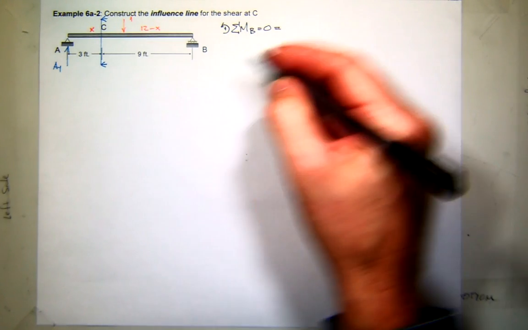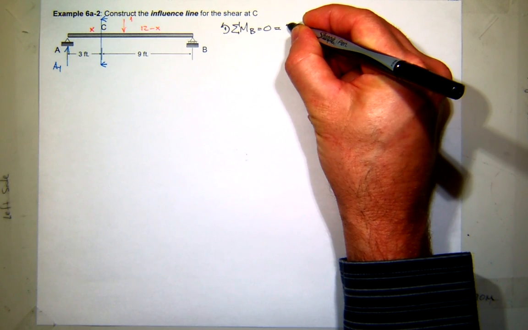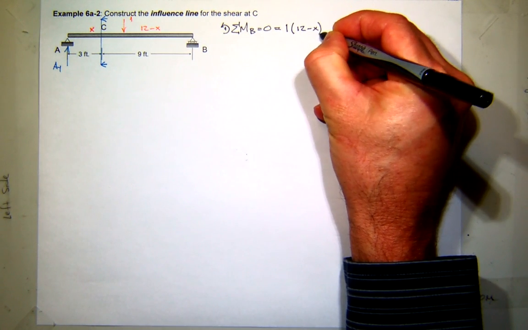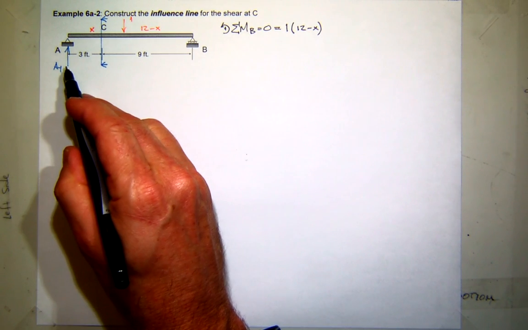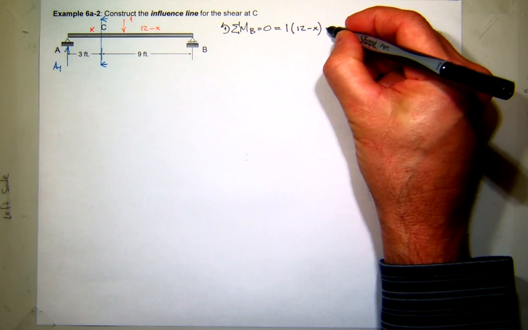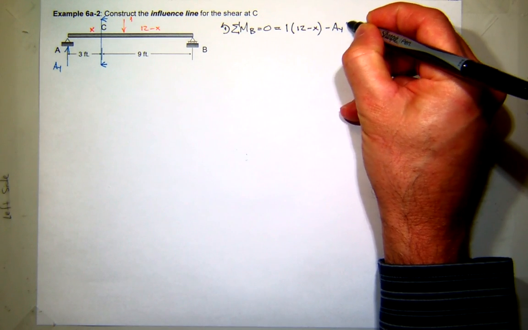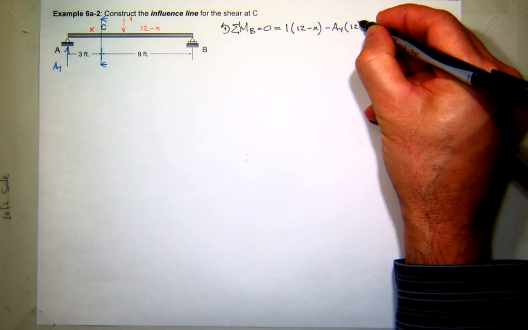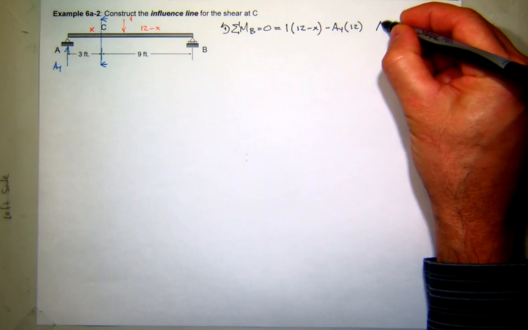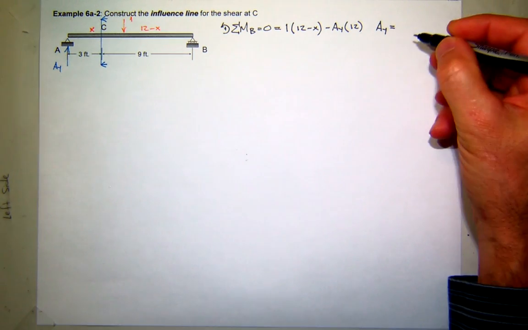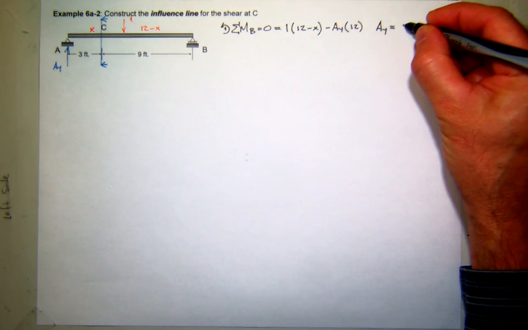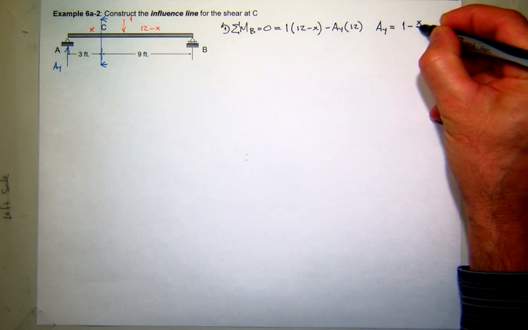And that'll create positive moment about B. So I'll have the force 1 times a moment arm of 12 minus x. And then I'll have AY creating negative moment, with a moment arm of 12. So I can solve for AY. It's just all that divided by 12, which is 1 minus x over 12.